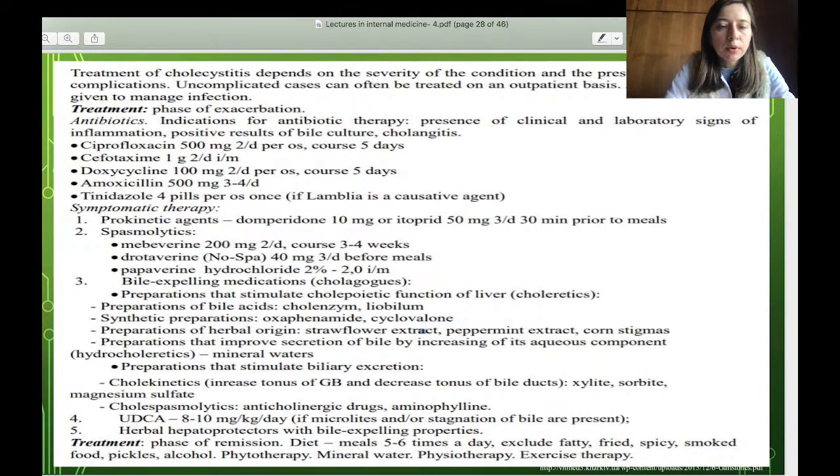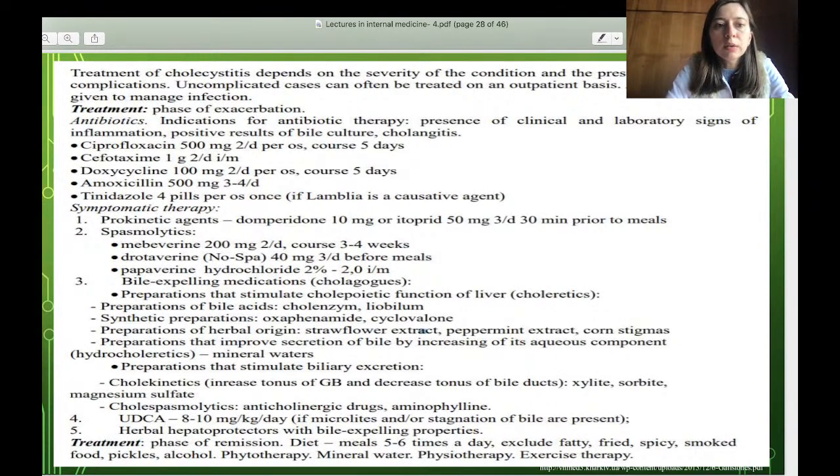Next step in treatment, symptomatic therapy. Prokinetic agents: domperidone 10 mg or itopride 50 mg 3 times a day, 30 minutes prior to meals.